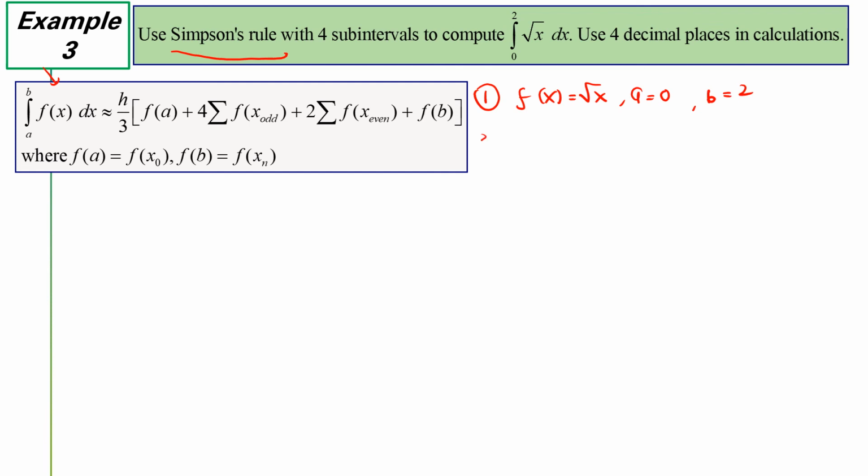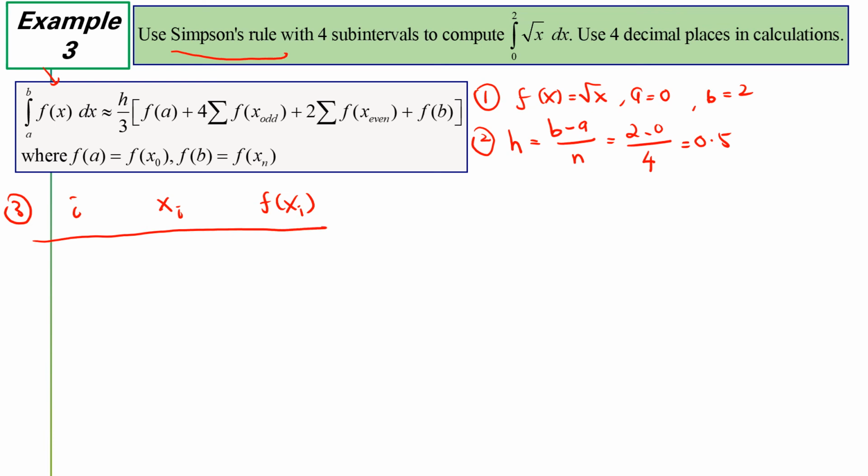Next, you have to find h: (b minus a) divided by n, 2 minus 0 divided by 4, you get 0.5. Step 3, you can draw the table for i, xi and f(xi).